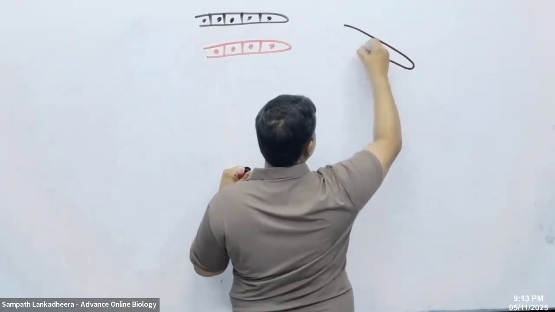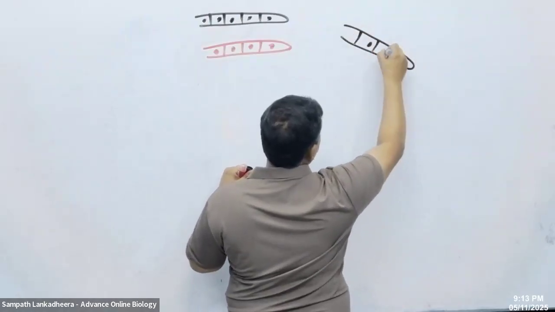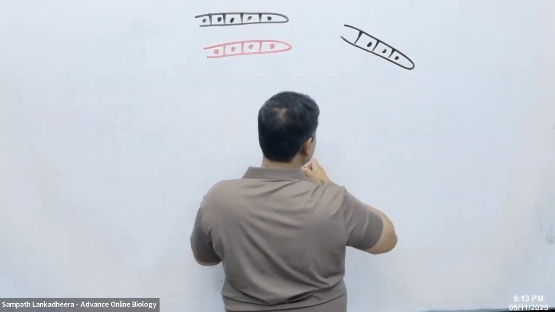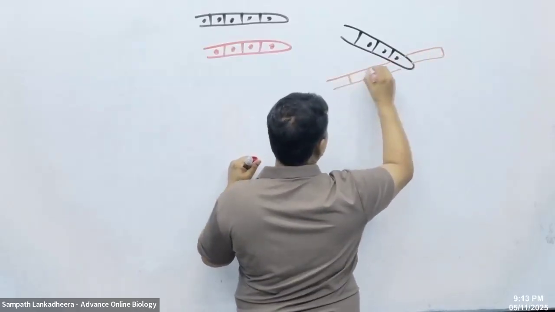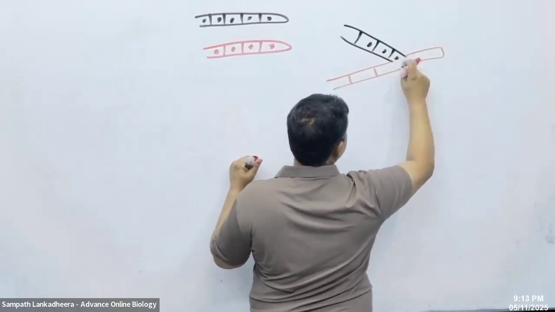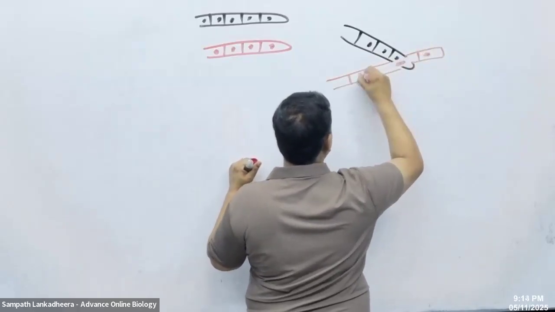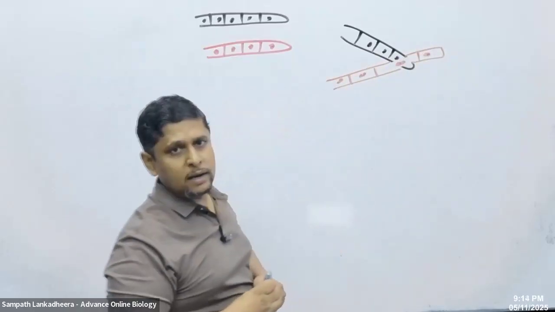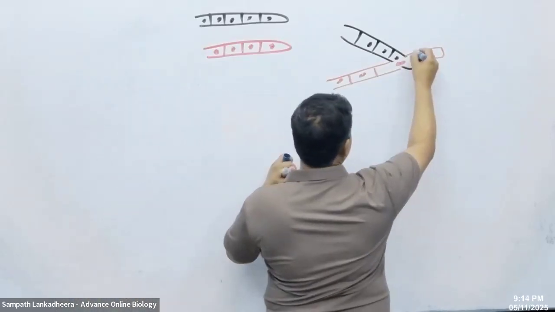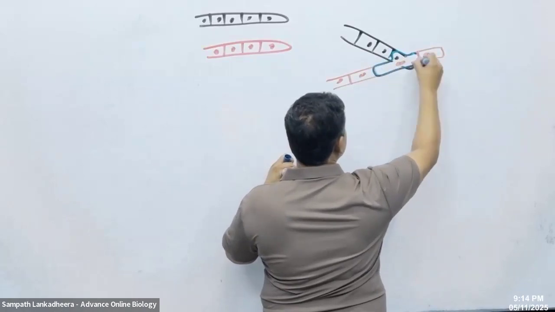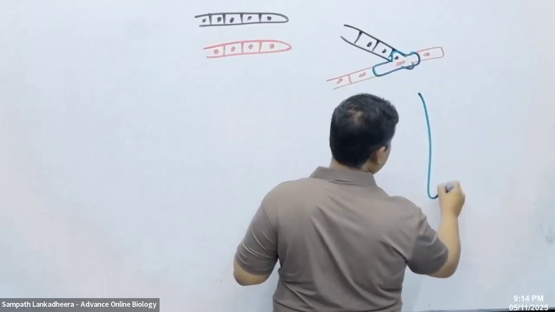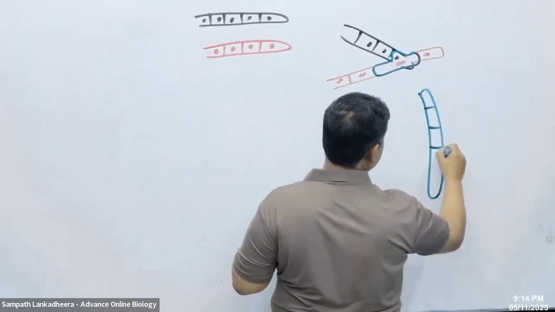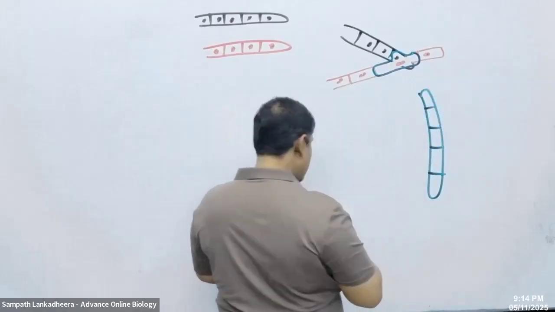When they cross each other, from the contact point they form a cell. That's a new cell, a 2N cell. This cell is going to grow, and it is now forming a new dikaryotic mycelium.